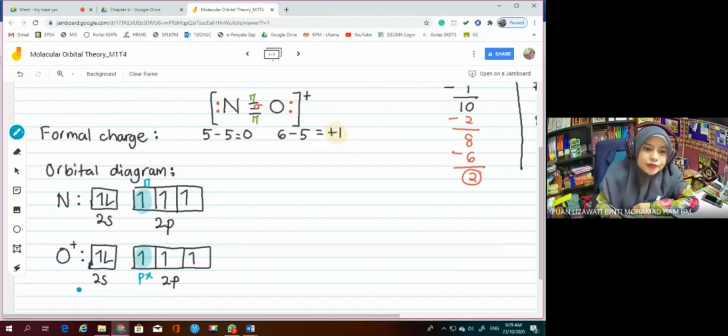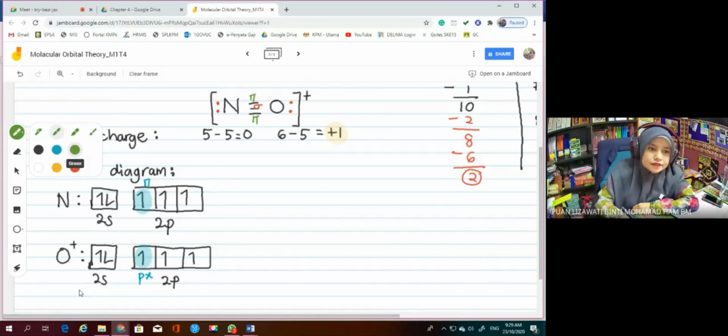Sebab dia mesti end to end kan. Alright, next. So second overlapping, to form pi. Sigma tadi saya buat pi pula dah. Cakap sigma tulis pi. Sigma tadi, okay. So yang ini kita nak form pi. Okay, let's say ni py lah. Py.